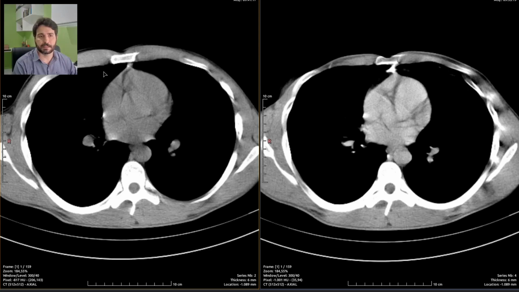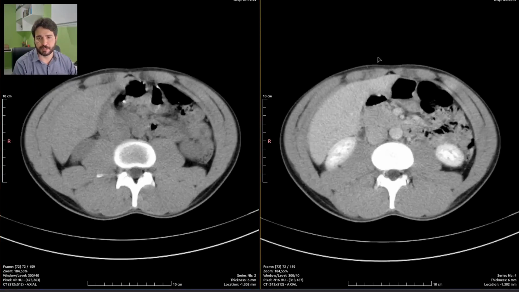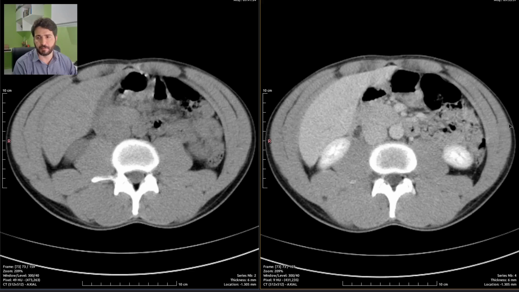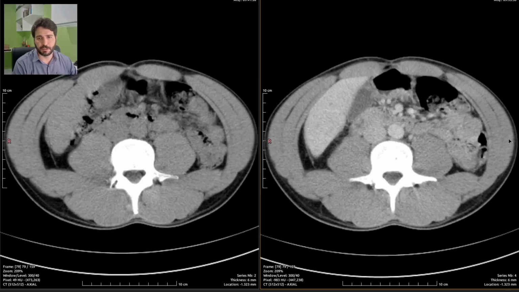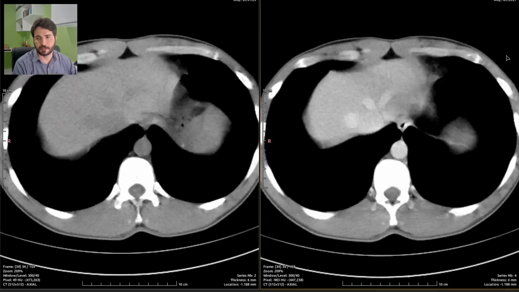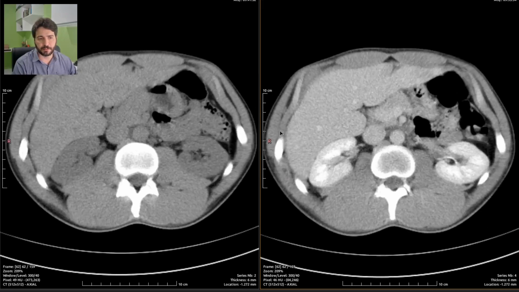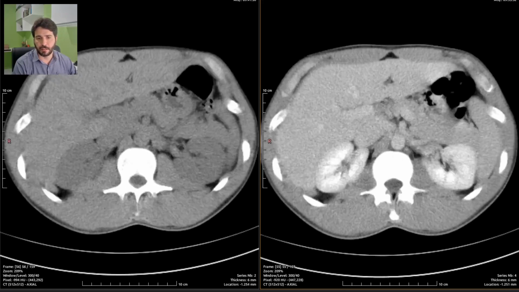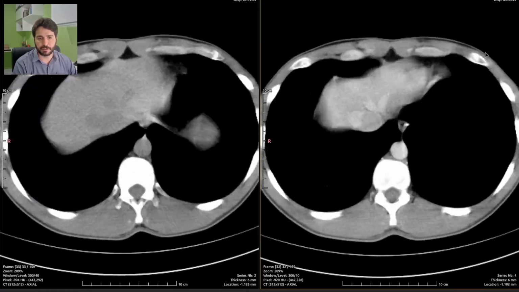So let's see, this is pre-contrast non-enhanced phase, and this is a portal enhanced phase. This is a very old scanner, a crappy scanner, so don't expect much. Let's see what we can say about this. Oh, the patient's kidneys are fine. There are no signs of kidney stones, calculi or calculus.